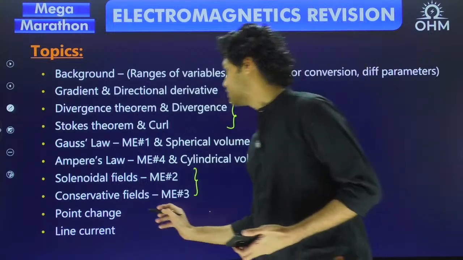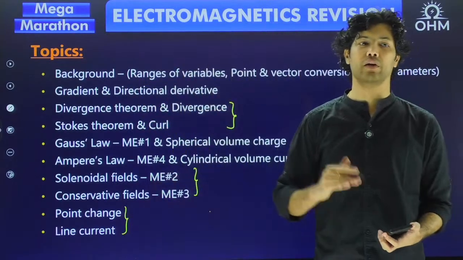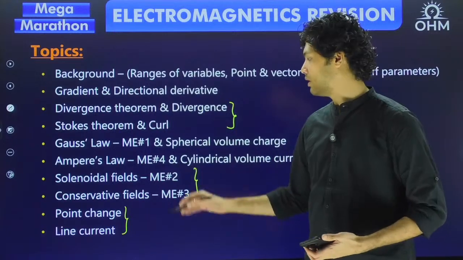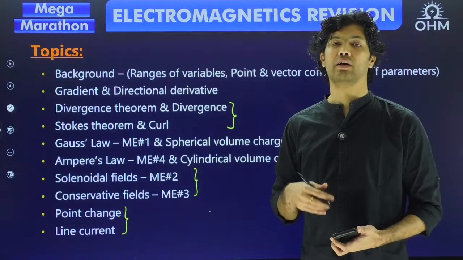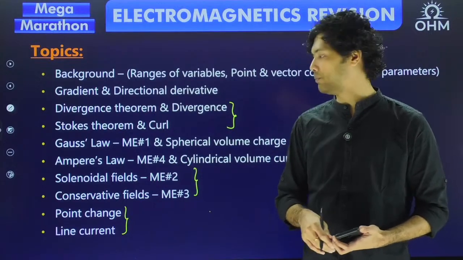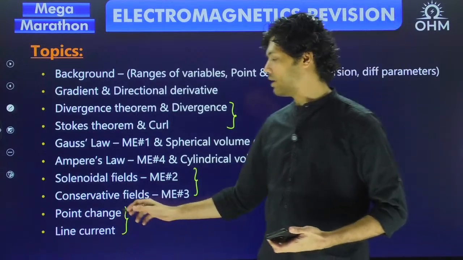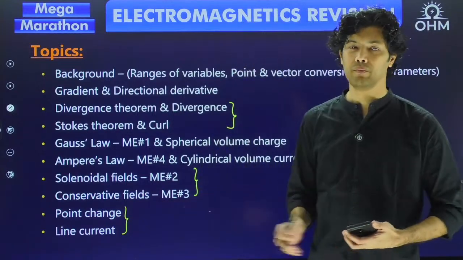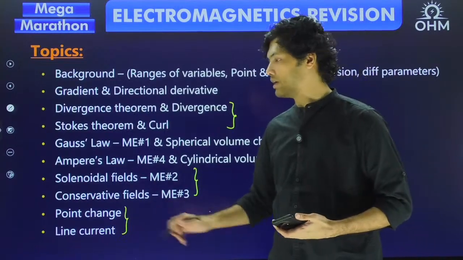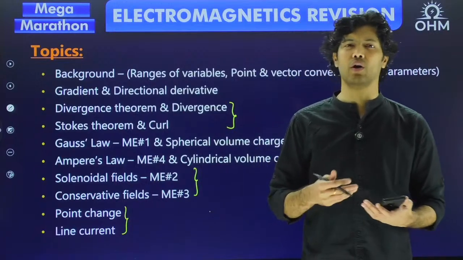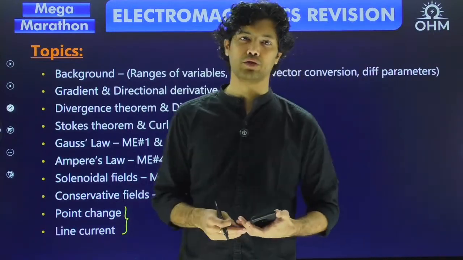And then the point charge as well as line current scenario, one each in electrostatics as well as magnetostatics. In point charge scenarios, what is the electric field because of a point charge, what are the potentials because of a point charge, etc. And a few problems on point charges, and then line current: what is the magnetic field intensity as well as flux density due to a particular line current, and given a scenario, how much flux flows through a particular surface, etc. These are the kind of questions that we generally get.